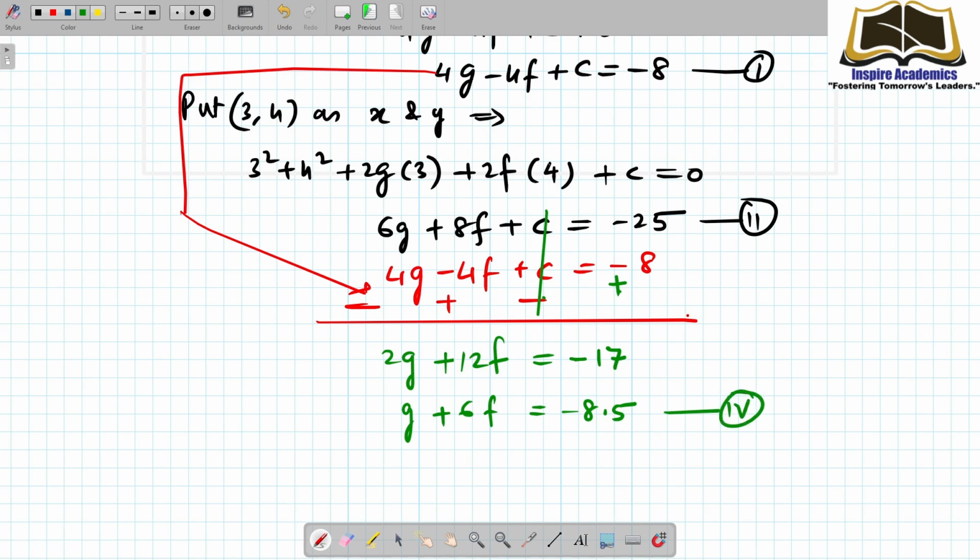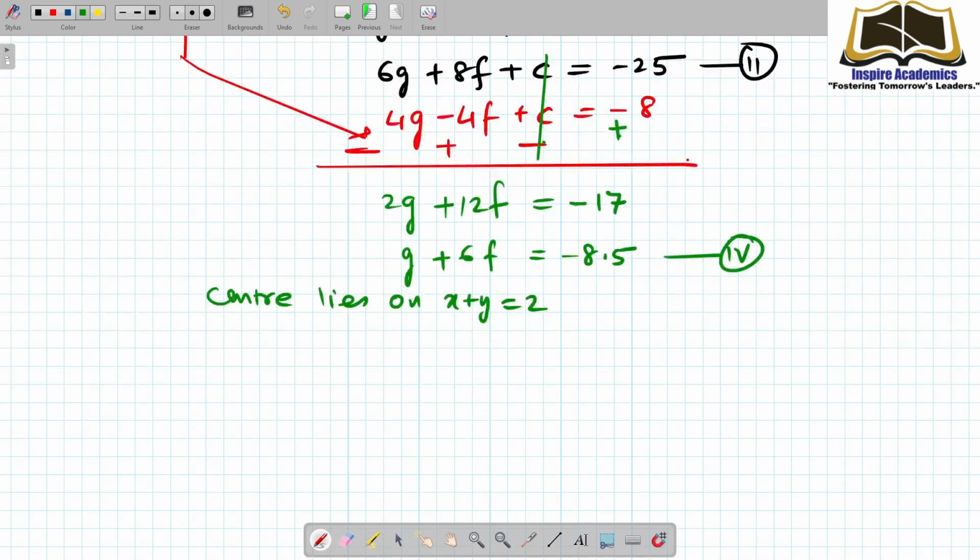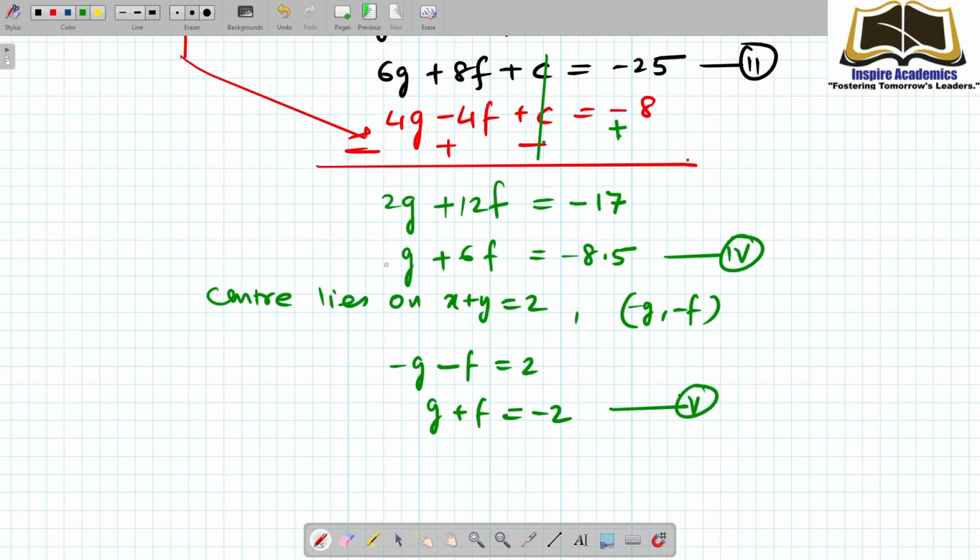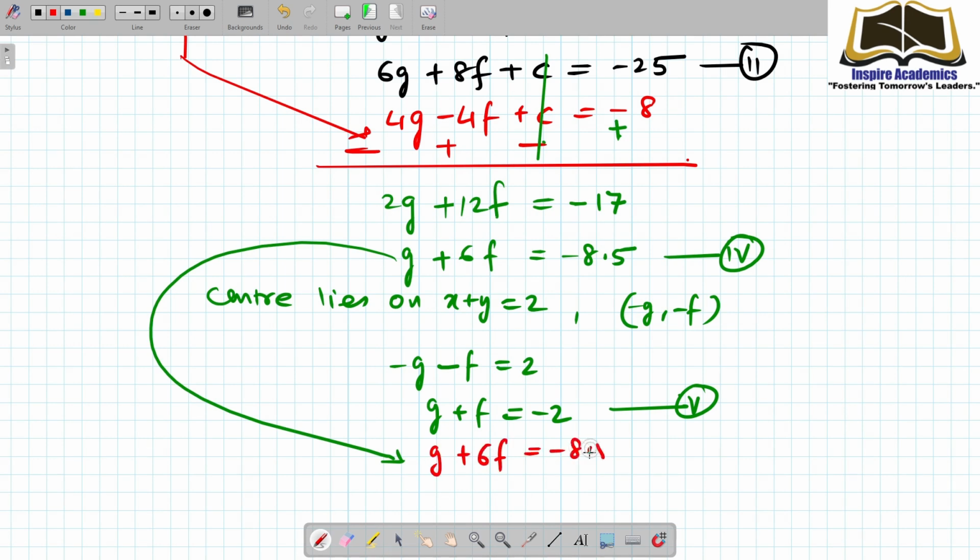The question also says that the center lies on the line x plus y equal to 2. Center of the circle lies on x plus y equal to 2. So what are the coordinates of the center? Negative g, comma negative f. So we can put it here, negative g, negative f equal to 2, which means g plus f equal to negative 2. Let's say this is the 5th, and let's put here this as the 4th equation, g plus 6f as negative 8.5.